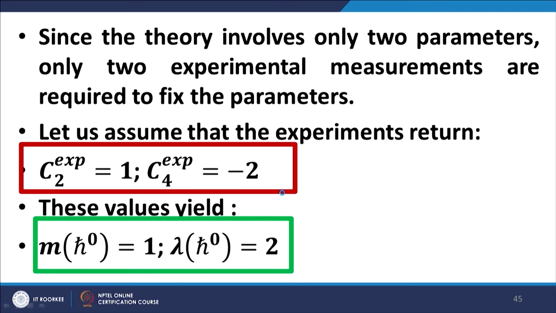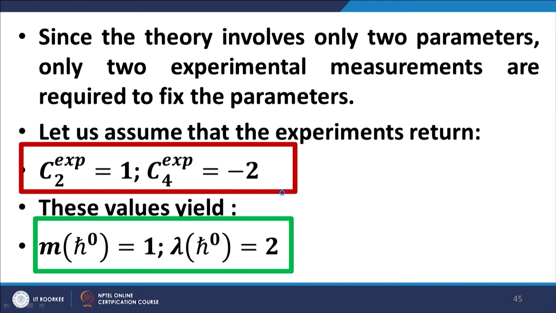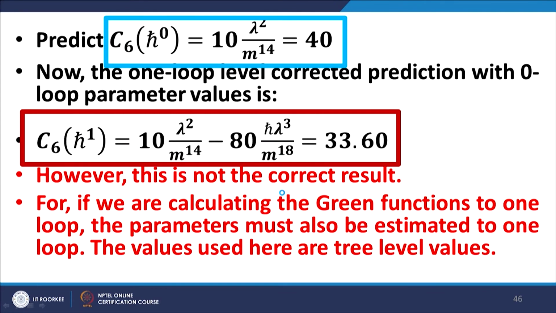Now, on the basis of these values, when we input these experimental values into the equations given in the green box, we arrive at m at the tree level equal to 1 and lambda at the tree level equal to 2. Now we predict C6 at the tree level, and we find that it is given by 10 lambda square.